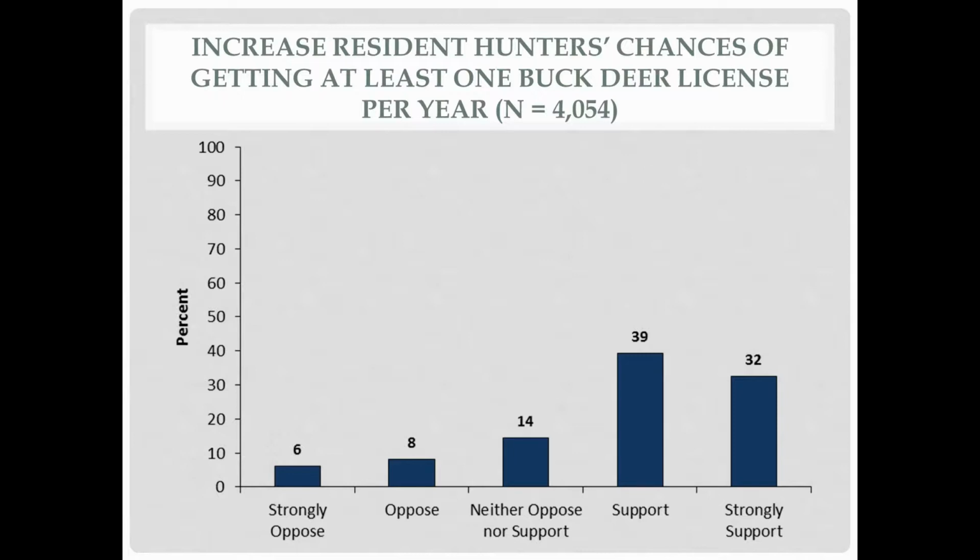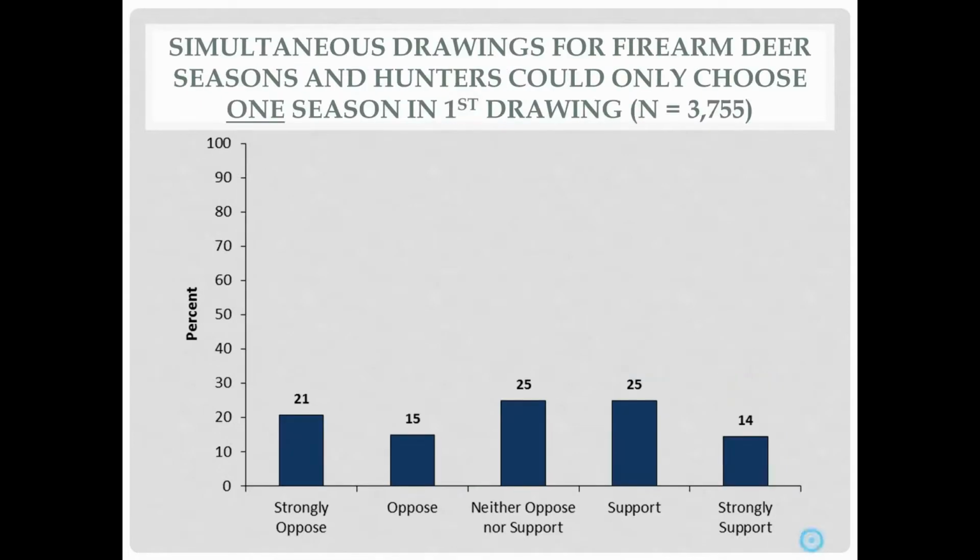But when you start getting into, okay, well, what do you think about this option that could potentially get us to that point of increasing your chances of drawing? This first one had to do with if we had simultaneous drawings for the firearm deer seasons, and hunters could only choose one season in that first drawing, and these are reflective of the alternatives that Tony and Tom spoke with you about.